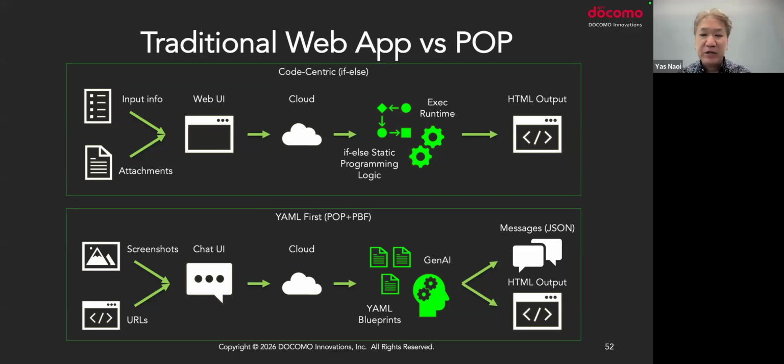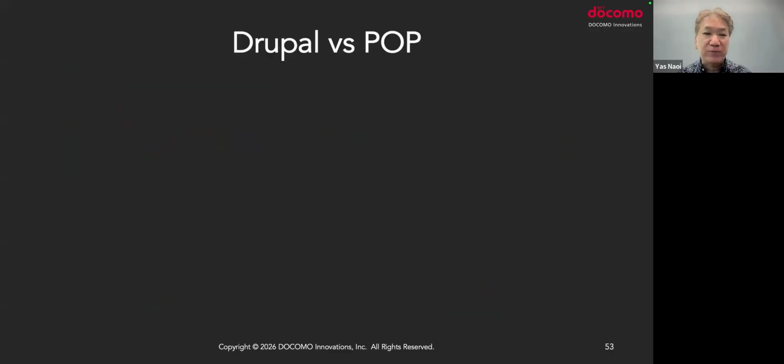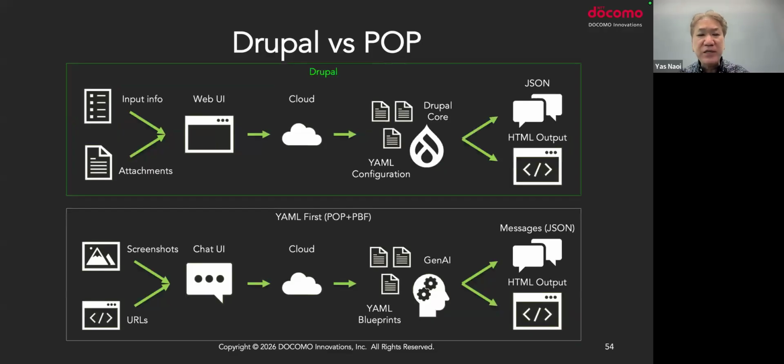But here at the Stanford WebCamp, I do believe you all know Drupal. So let us move on to Drupal versus POP. This diagram shows Drupal and YAML-first POP. In Drupal, form input goes through web forms and views, which is rendered with YAML by Drupal.